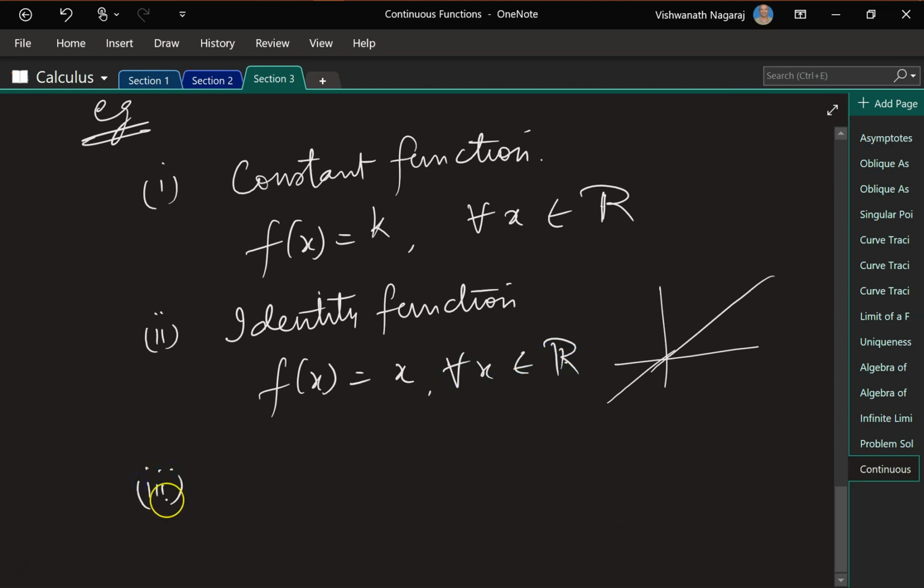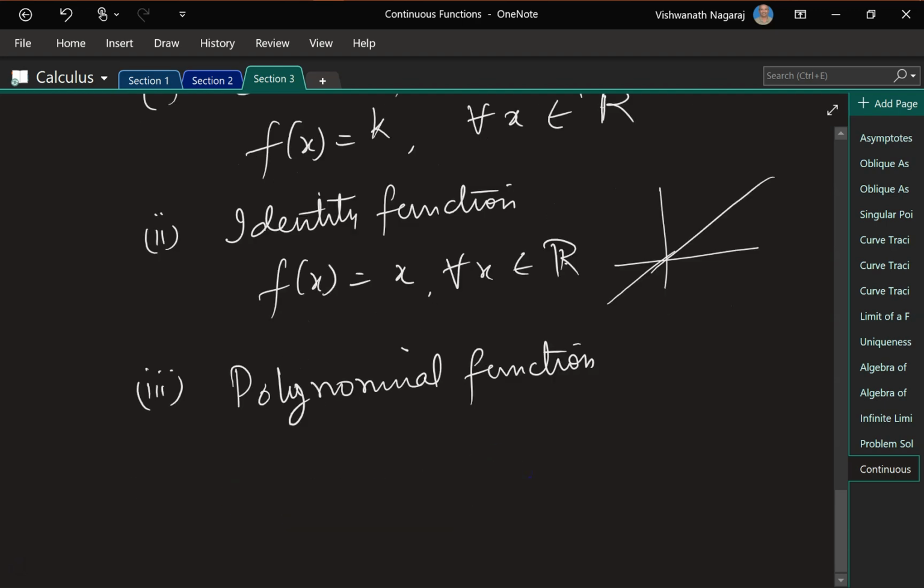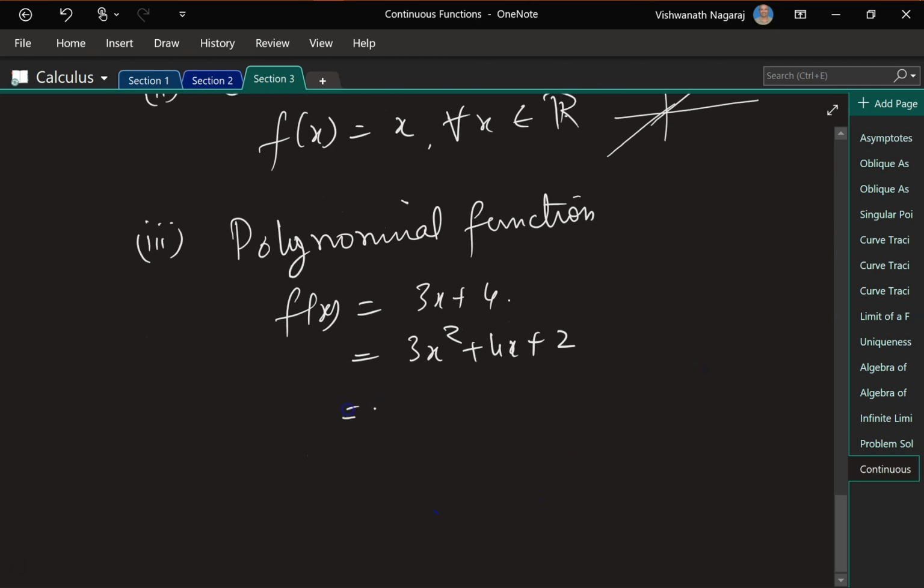And the third is any polynomial function. Which means what? Say f of x is equal to, an example is 3x plus 4, or another example could be 3x squared plus 4x plus 2, or we could have a cubic, so 4x cubed plus 3x squared plus 4x plus 1, or 1 plus x squared.